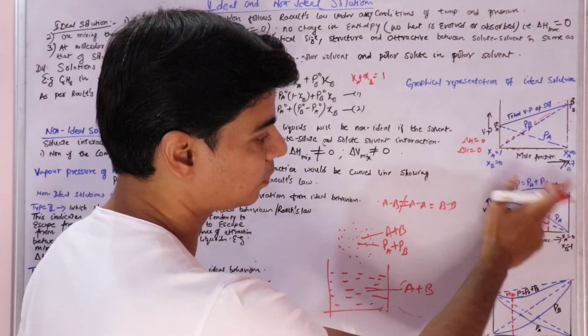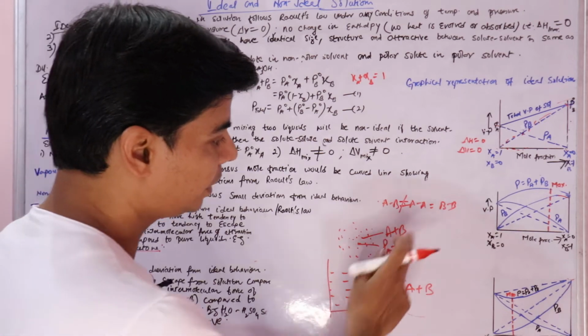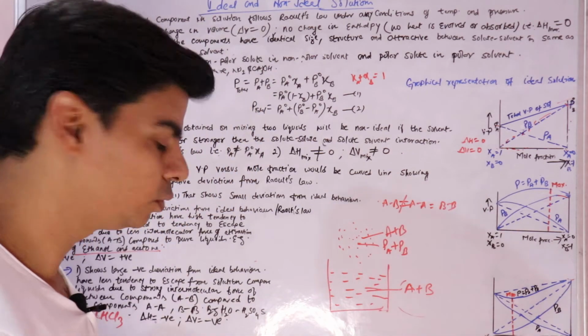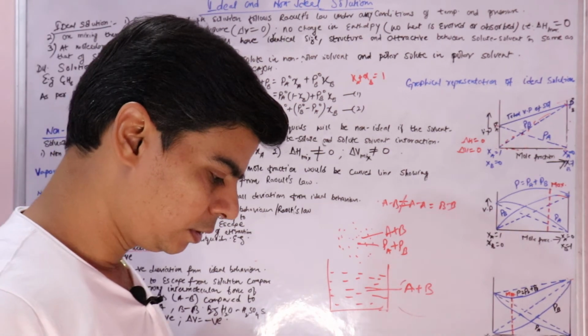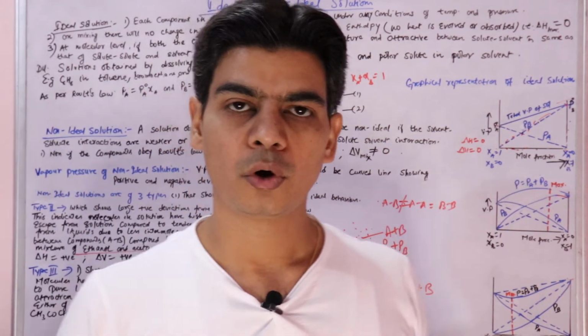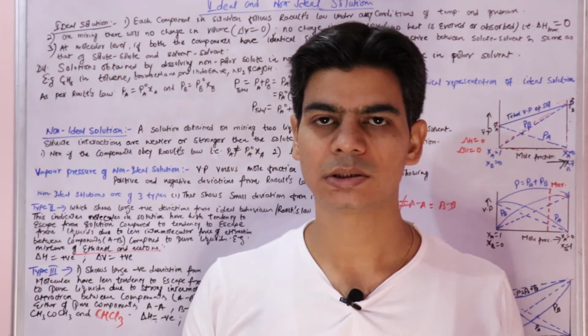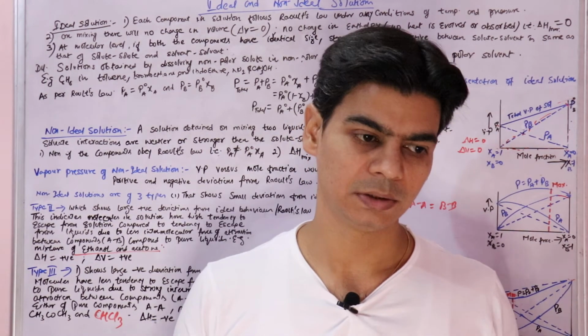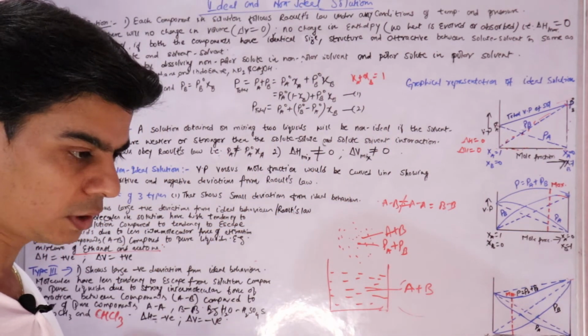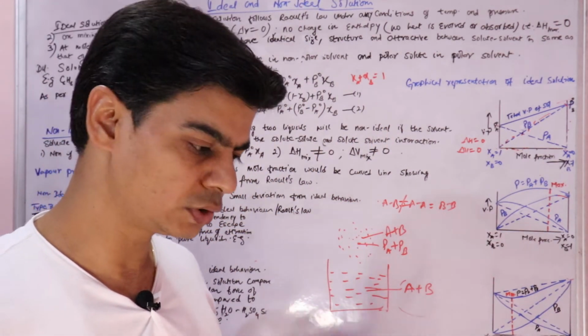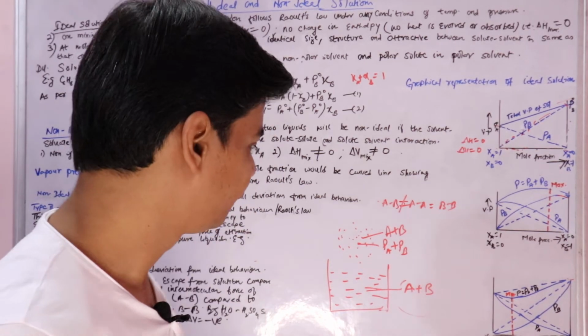When it's more, it's a positive deviation from Raoult's law, and when it is less, it is a negative deviation from Raoult's law. Now let's take an example. A solution of acetone and ethanol is a non-ideal solution that shows positive deviation from Raoult's law. Now let's see what kind of interactions are there in the solution of acetone and ethanol.